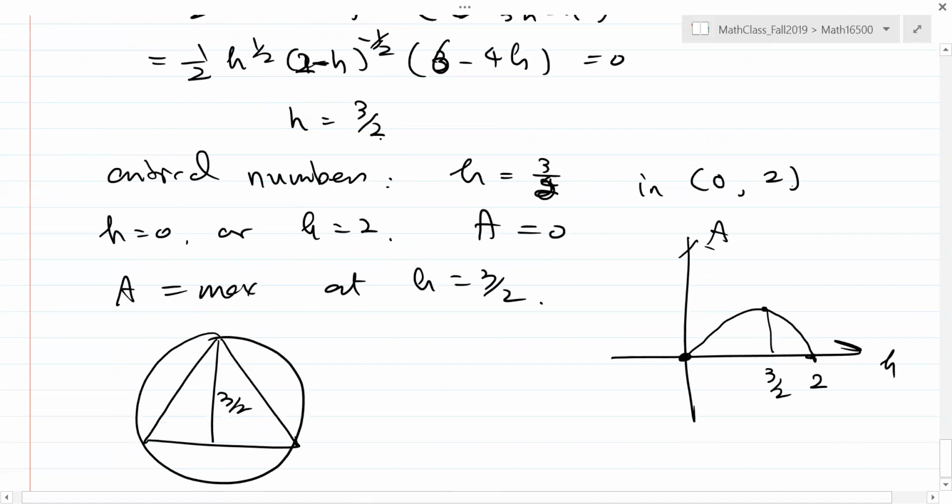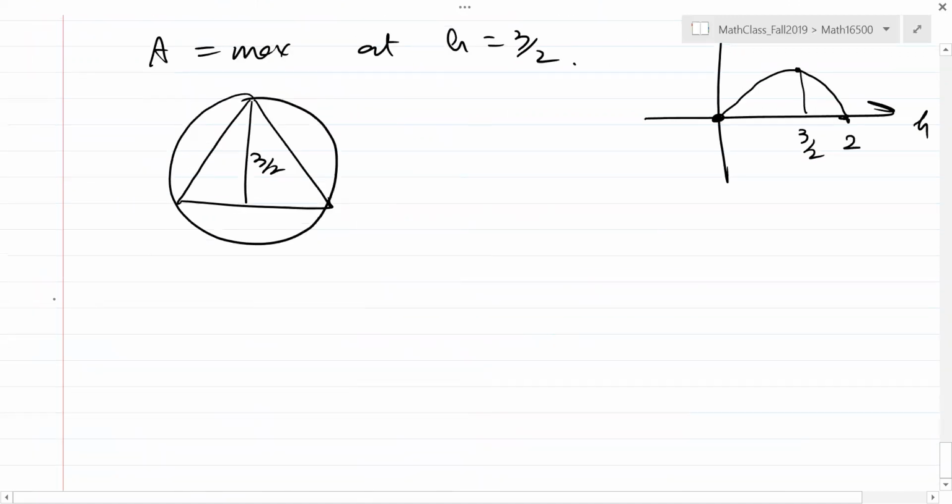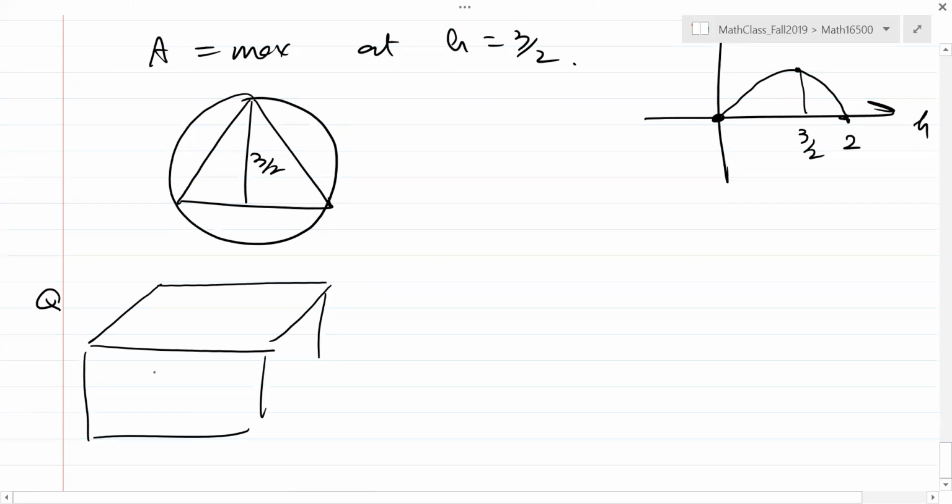One problem from the test before, let's go back to this problem. I'm not going to build a square base. I know this is a rectangular box. I know the base, this side will be 2a, the other side is a, so it's a special rectangle. And the height is h.